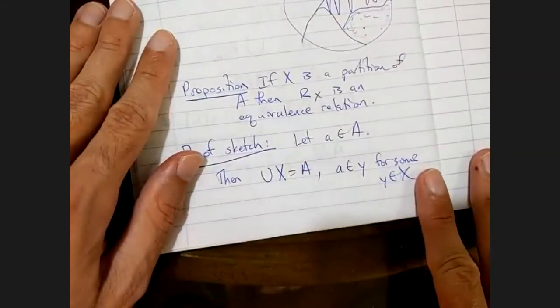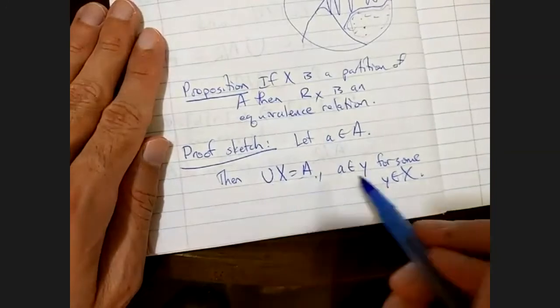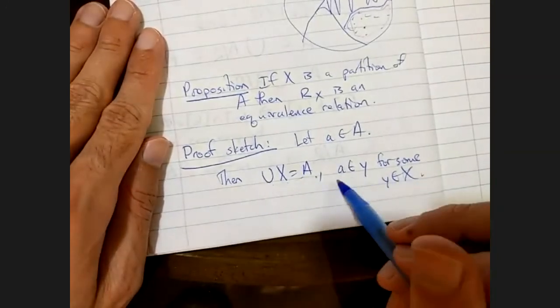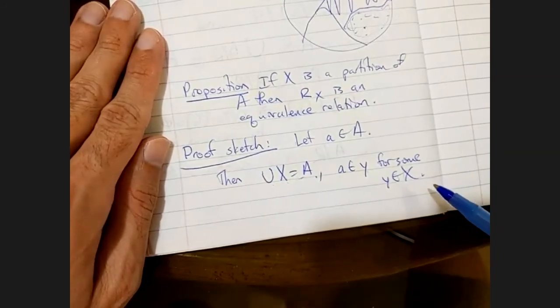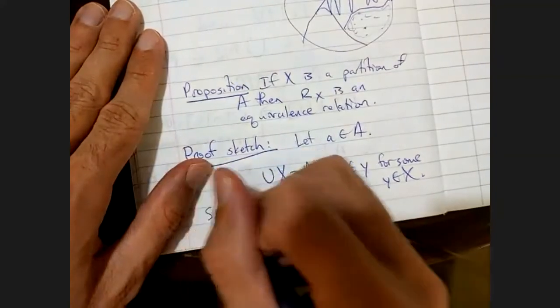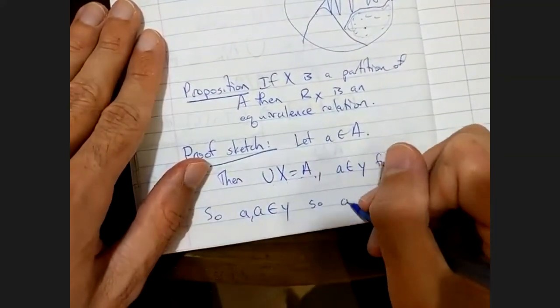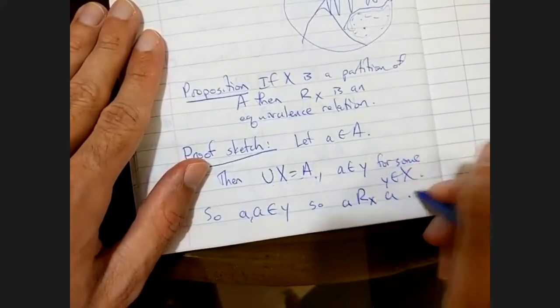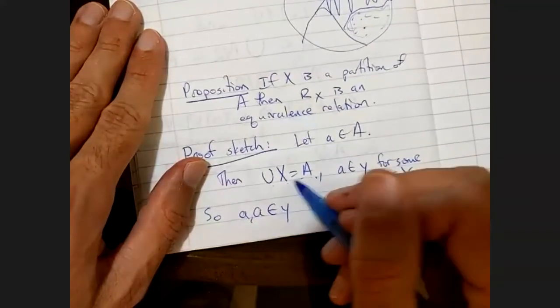That's the definition of the union. The union of X is all the a's that are in some Y, where Y is in X. So a and a are both in Y. So we can say that a is related to a. So Rx is reflexive.